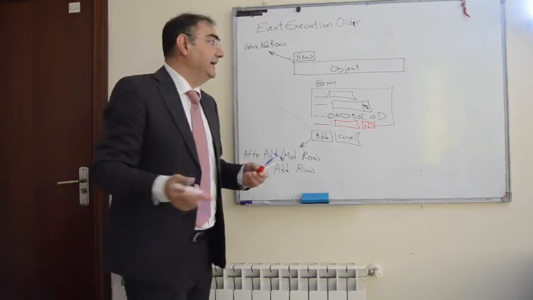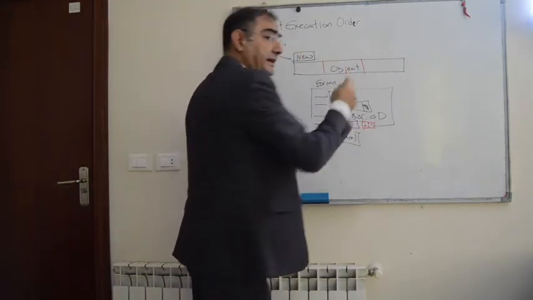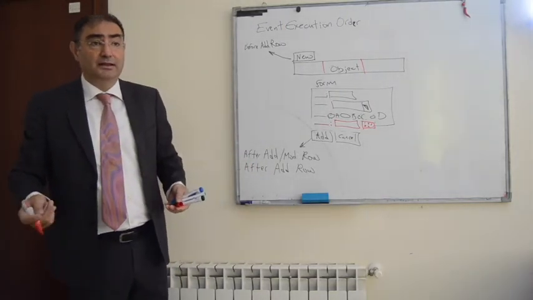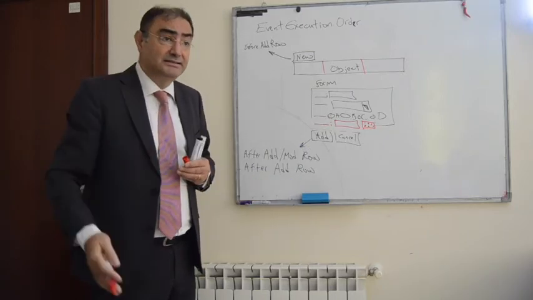How can you modify? It's not a column in the object. It's not a column in the view. You added it. How did you add that? You asked for something that is not in the view.